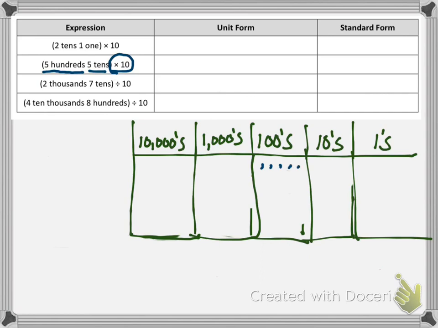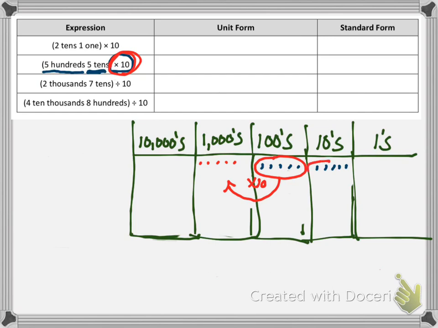And we have 5 tens, so we're going to put 5 in the tens spot. Because we're multiplying by 10, we are going to take the 5 in the hundreds and multiply it by 10. We're going to the left. The 5 now goes into the thousands place.